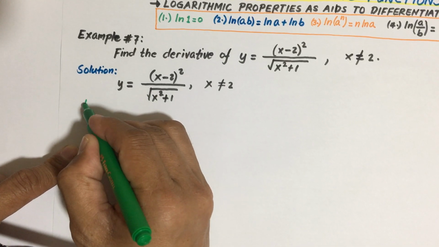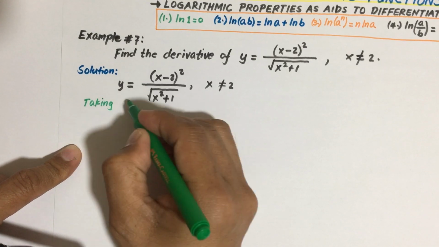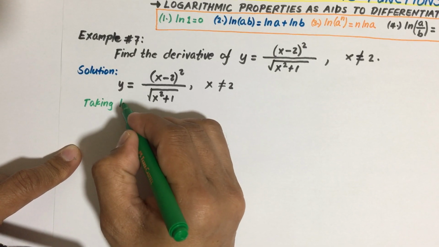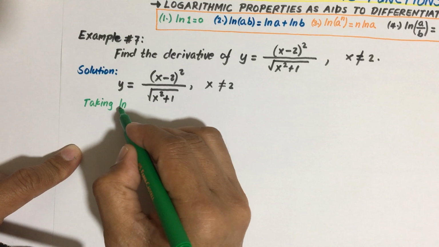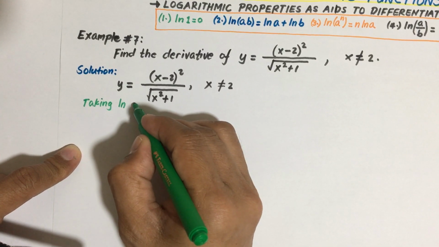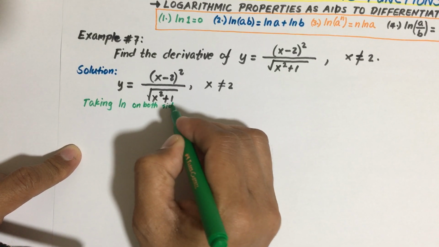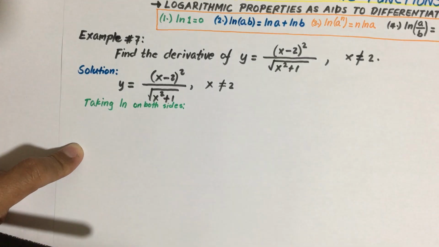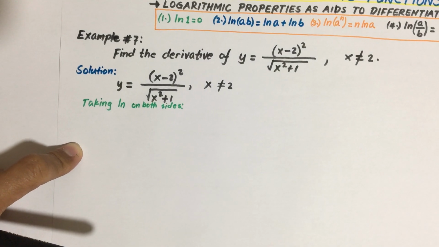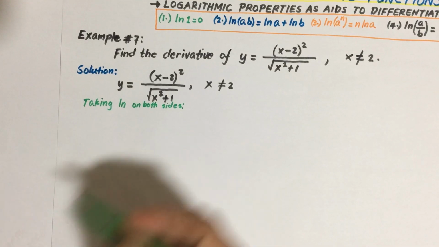Okay, so taking ln on both sides, taking the natural logarithm. The natural logarithm means the ln. So we're taking the natural log on both sides.